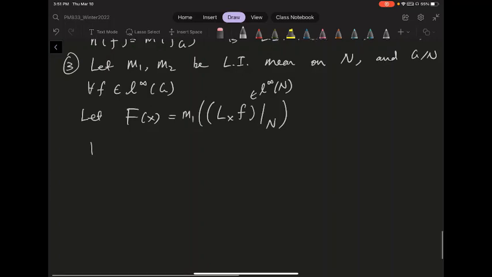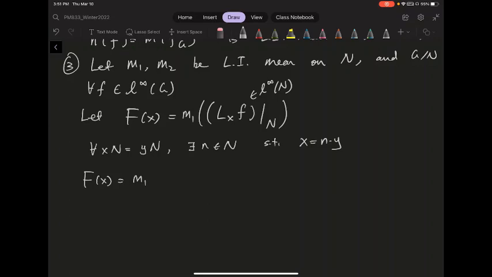For every xN equals yN, suppose x and y are the same in the quotient, then by the normality, you can always find n inside N so that x is n times y. So what happens if you want to evaluate F of x? This is the M1 of the left translation by x, but it's also the left translation by n times y.